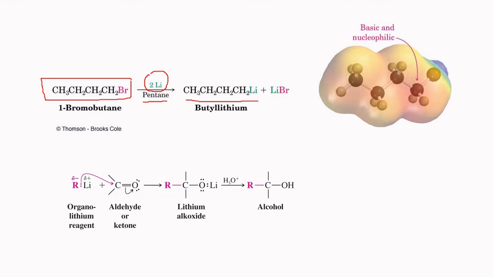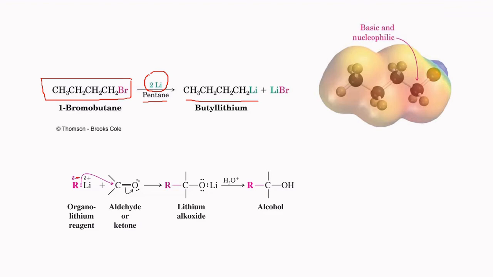Okay, for example, if we look at the organolithium reagent here, because the mechanism is similar to the Grignard reagent, what happens is that the R group is partially negative while the lithium is partially positive. So the one that serves as the nucleophile is the R group.